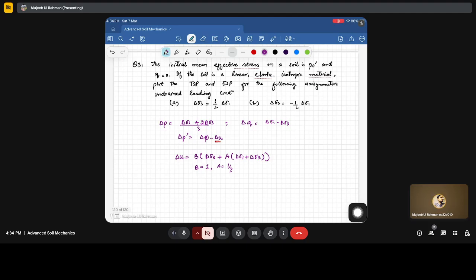and A is 1 by 3 for elastic isotropic material. Fine. So if we put it here, delta U is equivalent to delta sigma 3 plus 1 by 3 times delta sigma 1 minus delta sigma 3.